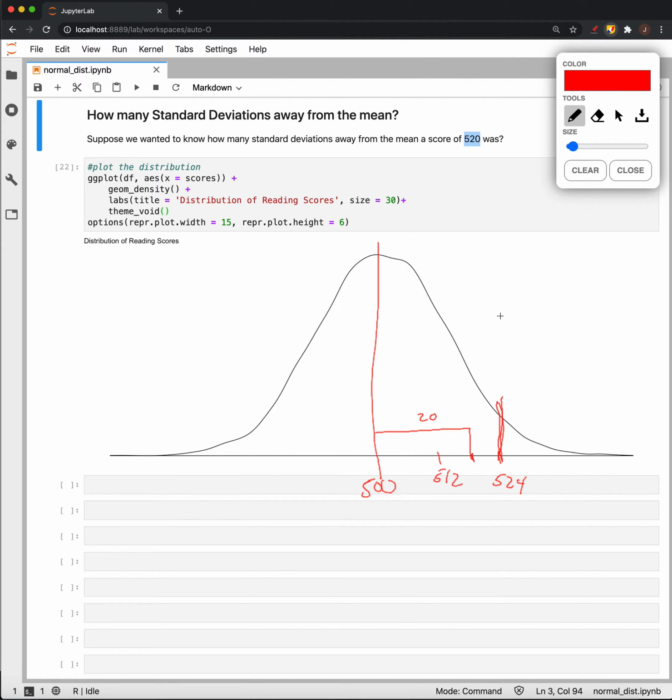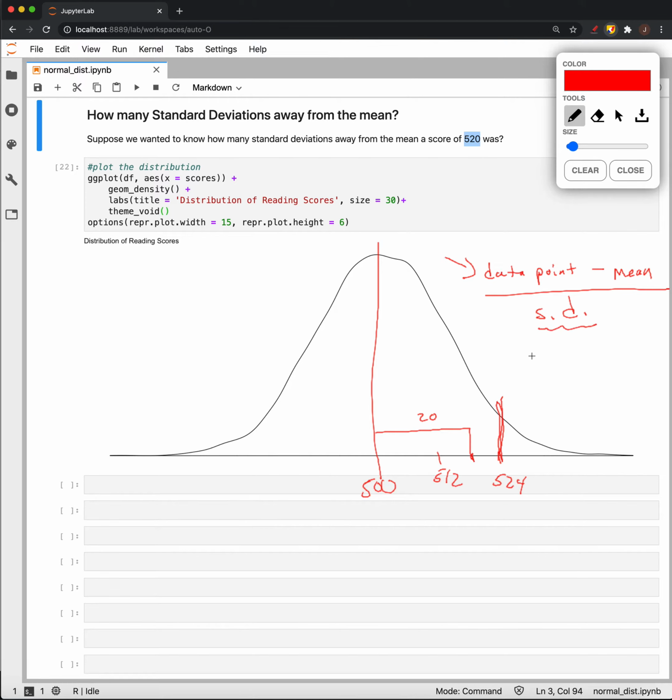So the big idea there is we're taking our data point, we're subtracting the mean from it, and we divide by the standard deviation. This numerator says how far away from the mean you are, and then the division says how many standard deviations that is.